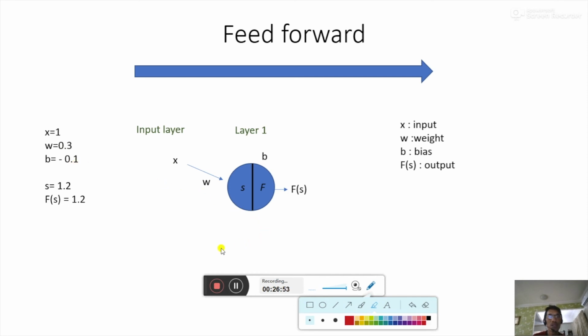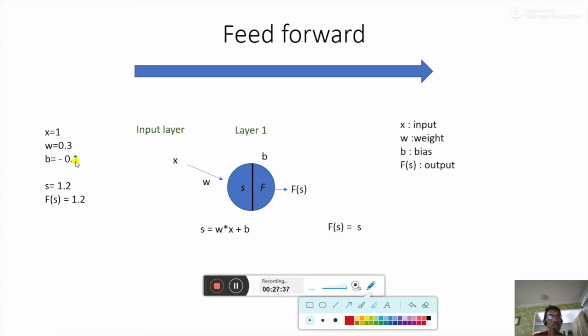S is the summation of w multiplied by x, plus b. So x is 1 multiplied by w, 0.3, so w multiplied by x is 0.3, plus b.